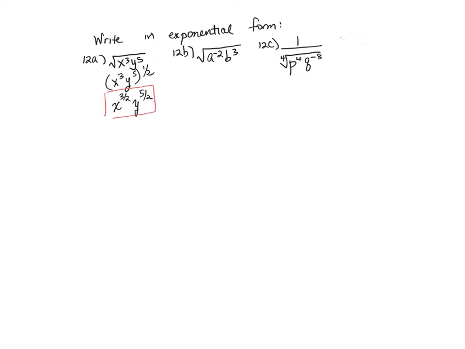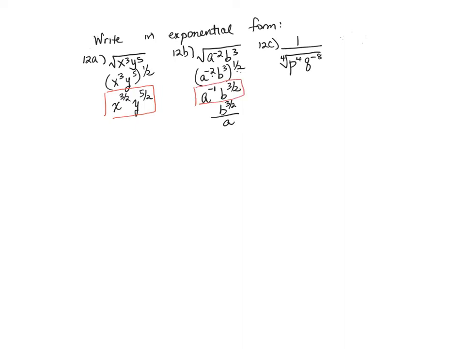Okay, the next one, similarly, we could write a to the negative 2b cubed to the 1/2. And that becomes a to the negative 1, only because negative 2 times 1/2 is negative 1, b to the 3/2. And of course, that's enough, but this again could be written as b to the 3/2 over a. But we didn't need to do that in this problem.